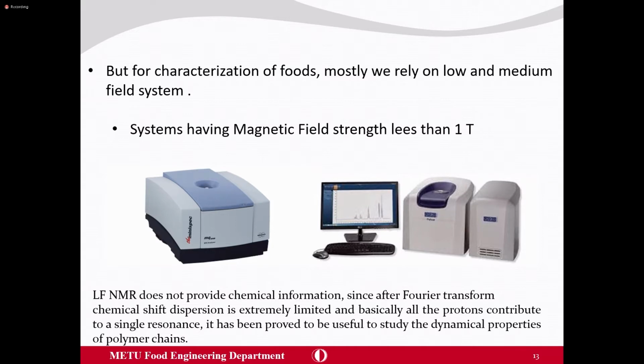For instance, there is the company Magritek, which produces magnets operating at 42 or 60 megahertz, which are capable of doing spectroscopy, in other words, this chemical characterization.